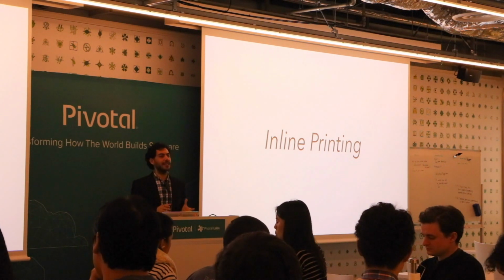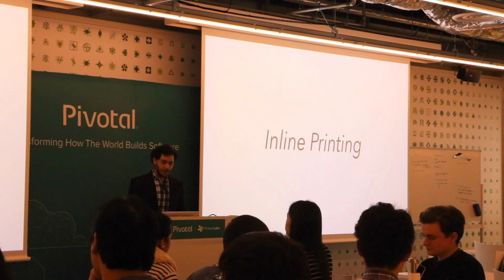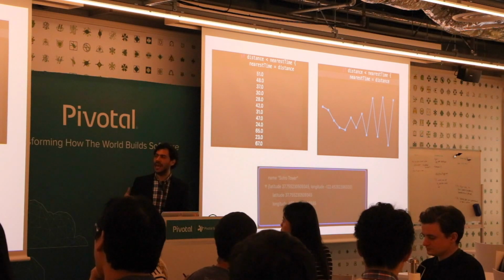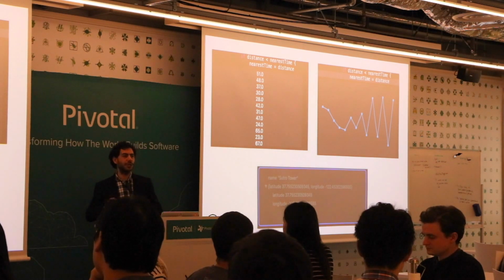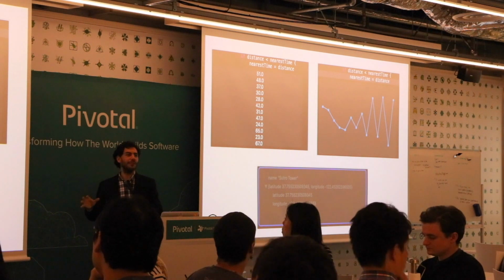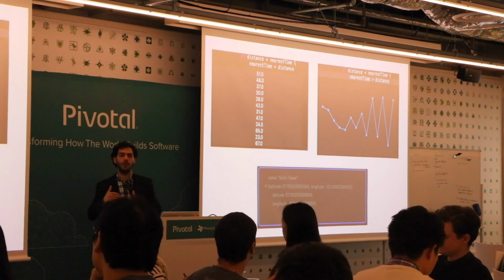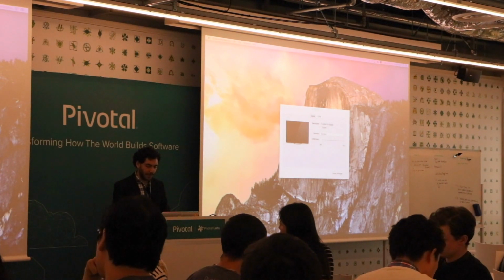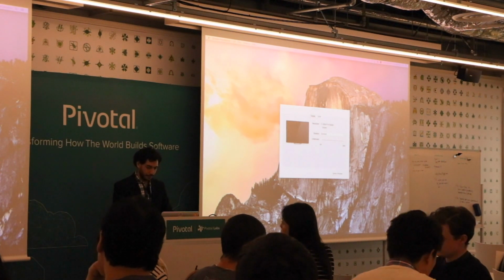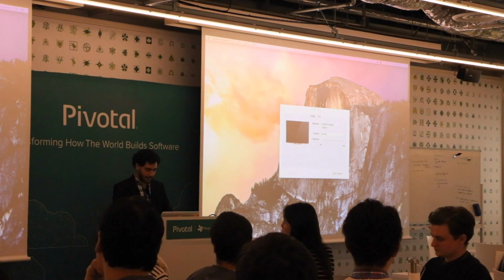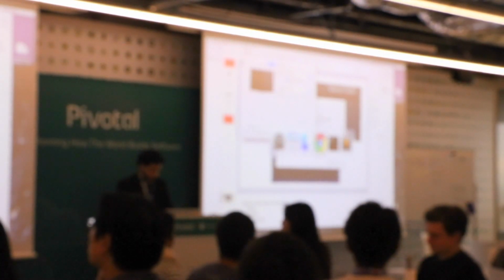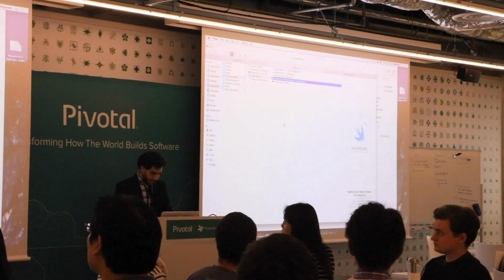The third feature that I really like is what I call inline printing, which is whenever you start executing certain commands, you have a kind of live preview of what you are writing. So let me show you that real quick with an example. Let's go here.